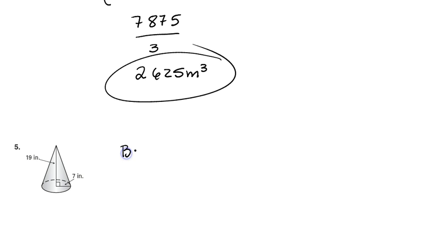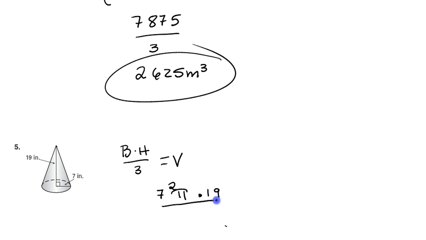Now let's compare this to finding the volume of a cone. Again, we're taking base times height divided by 3, or you can multiply by 1/3. For this cone, the base has a radius of 7. So to find the base, we're going to take 7 squared pi times the height of the cone. And again, this is height, not slant height. So this is going to be from the tip of the cone to the center of the base, which is 19 inches.